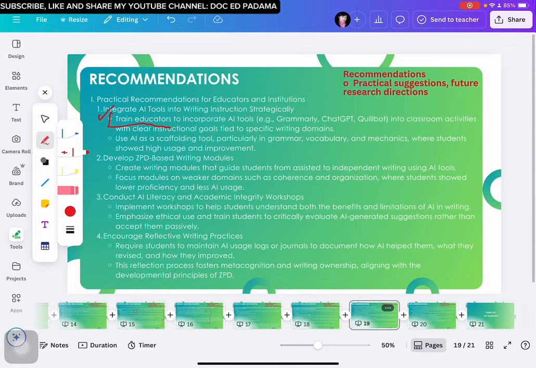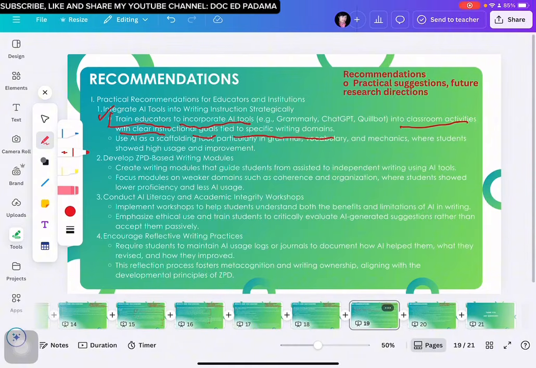So there is an action that is being recommended, which is the training of educators to incorporate AI tools, okay, into classroom activities with clear instructional goals tied to specific writing domains. Again, the elements that I presented should be present when you include the recommendations in your slide presentation.